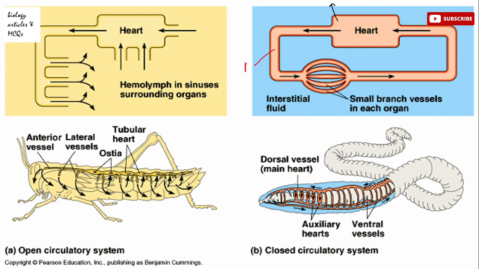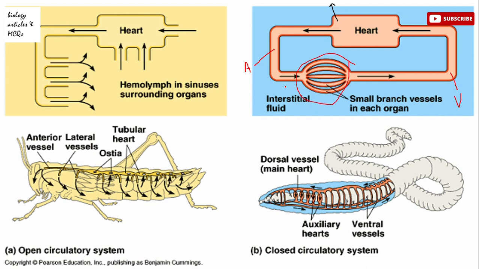So these are the arteries, and next are these, which work opposite to the arteries, meaning these are veins and they are carrying blood towards the heart. In between them there are small branched vessels, and these small branched vessels are called capillaries.